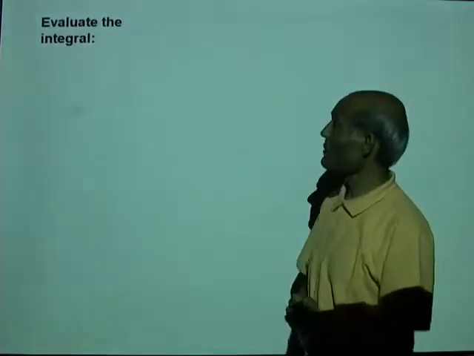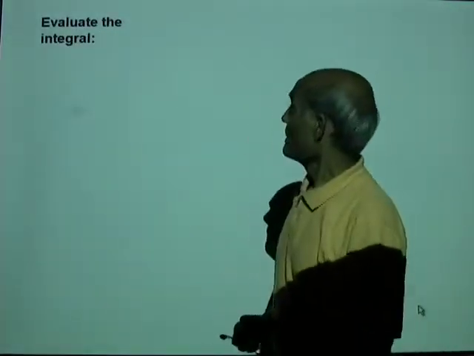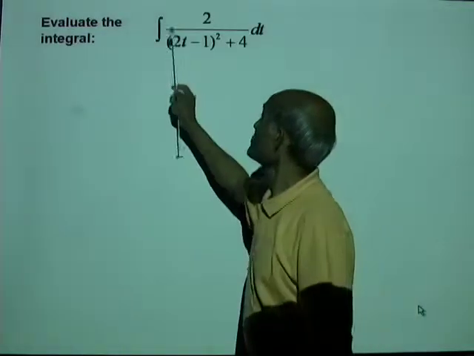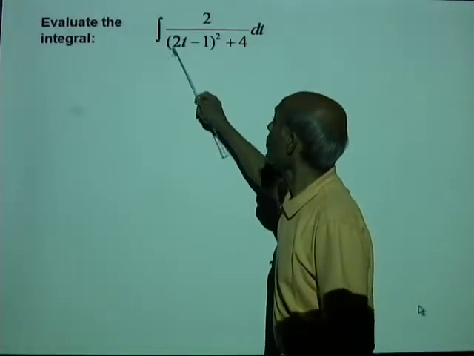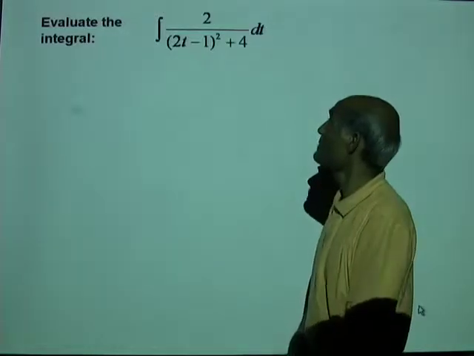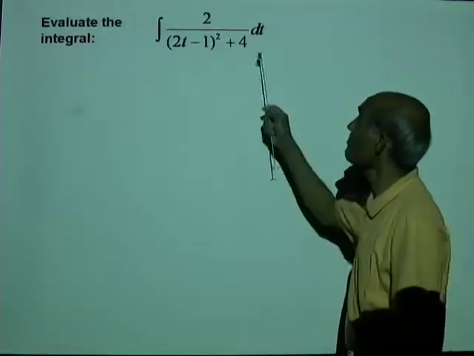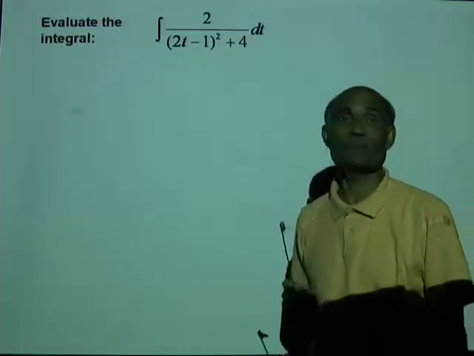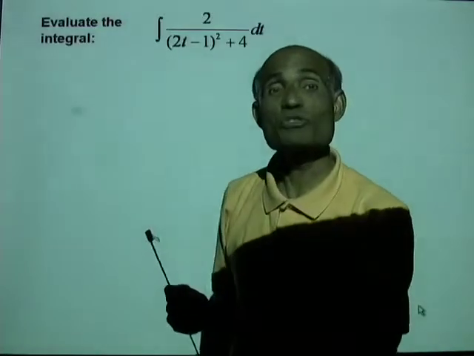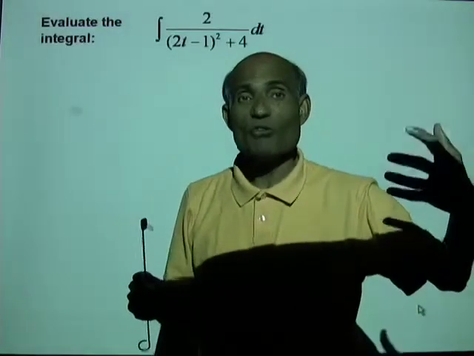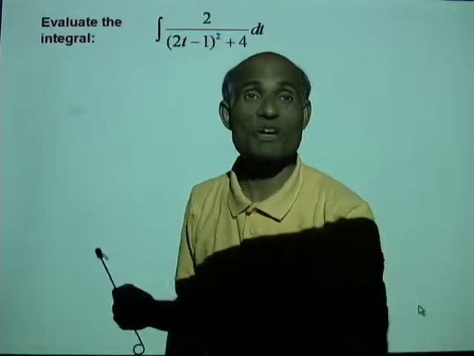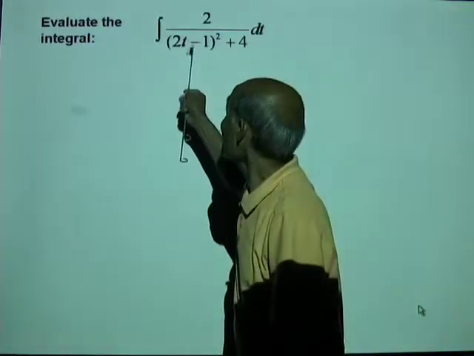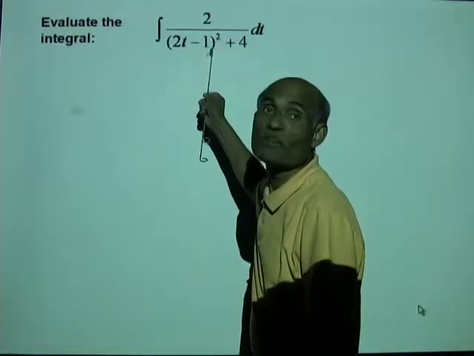Alright, let's do another one. Evaluate the integral of 2 over the quantity (2t minus 1) all squared plus 4, dt. I want you to go back and look at the forms of the integral we discussed and tell me what particular form this is.